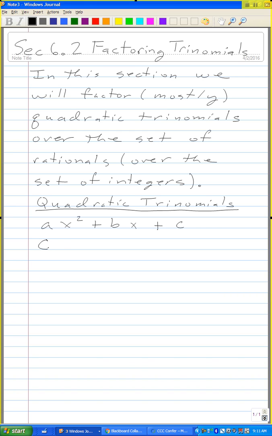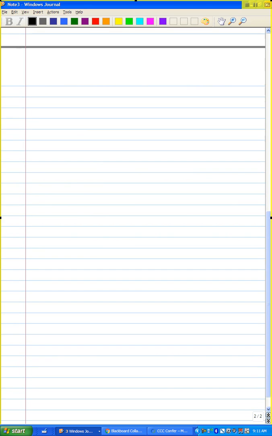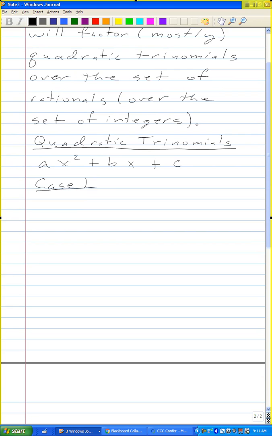So the first case that we'll be looking at is the case that the coefficient in front of the quadratic term is 1. So this is the monic case.